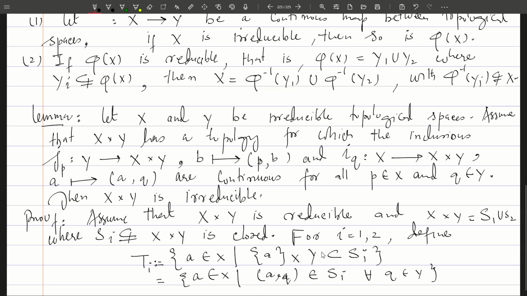Now if we look at this set, it is the intersection of all the inverse images of Si under the map iq.